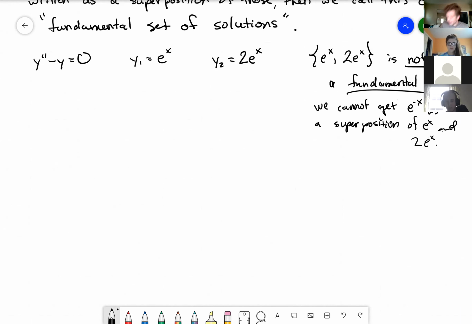Now you're looking at these two things in the set, and you're probably saying to yourself, oh, that's obviously not a fundamental set. These two things are basically the same solution, right? Well, it's not so obvious in general.